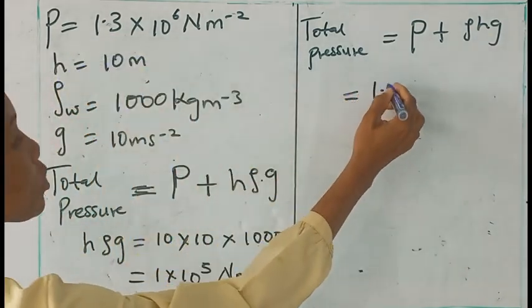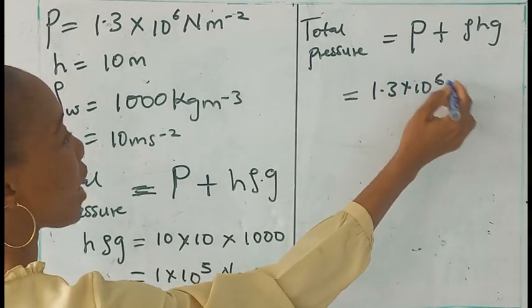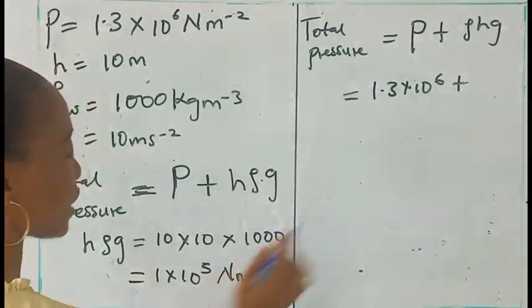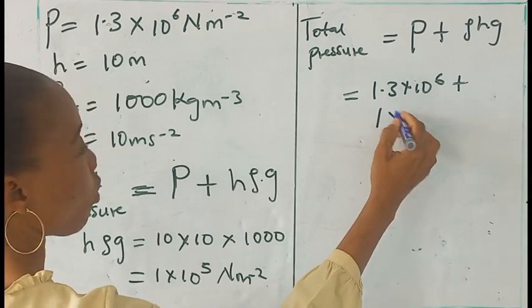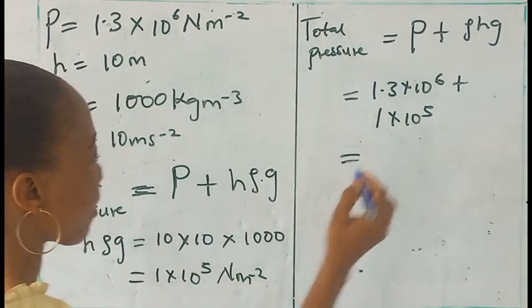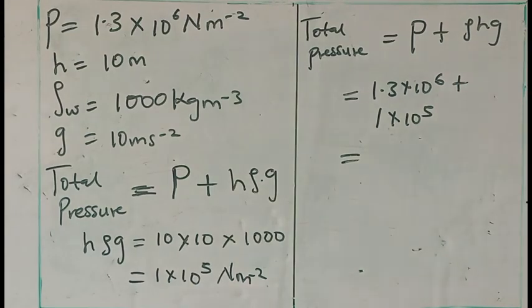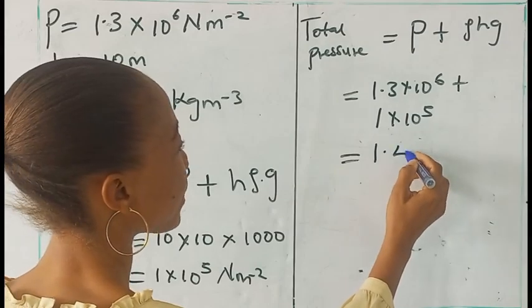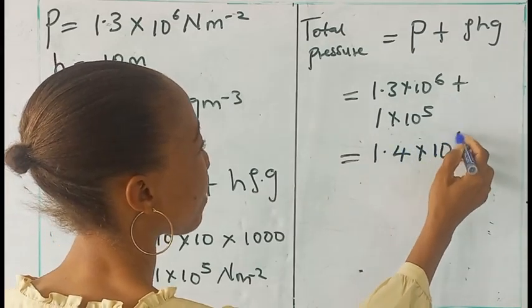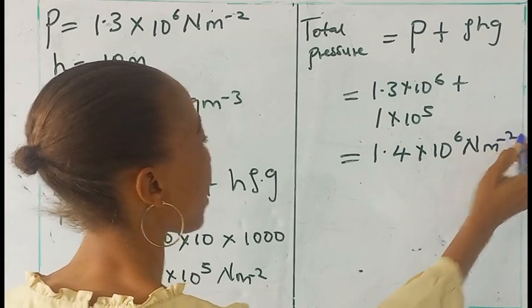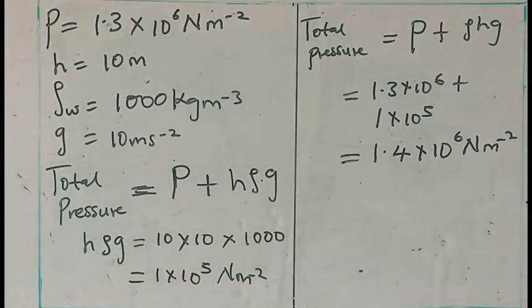Atmospheric pressure is given as 1.3 times 10 raised to power 6 plus pressure due to height, which is 1 times 10 raised to power 5 Newton per meter square. We go ahead and sum up everything. We will have 1.4 times 10 raised to power 6 Newton per meter square. That is the final answer.